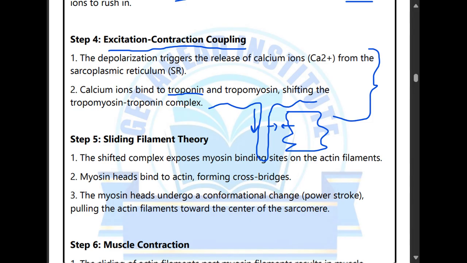Someone is asking whether calcium ions come directly from ryanodine receptors. The calcium ions are found in the sarcoplasmic reticulum, where they are stored. The ryanodine receptor is, for lack of better terms, more like a door. I'm not saying that it's a door, but for you to have a clear understanding of what happens.